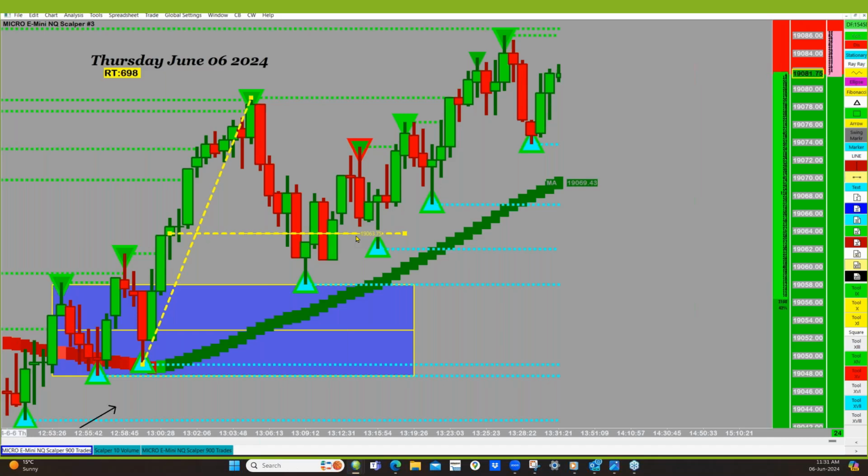We said the direction just here, approximately 1 o'clock, has changed. So from 64 to our high here of 86 is 22 points. That's $48 on the micro.